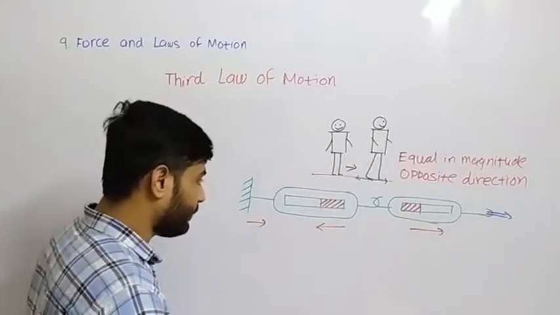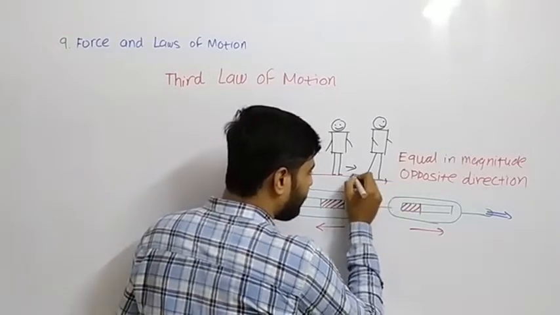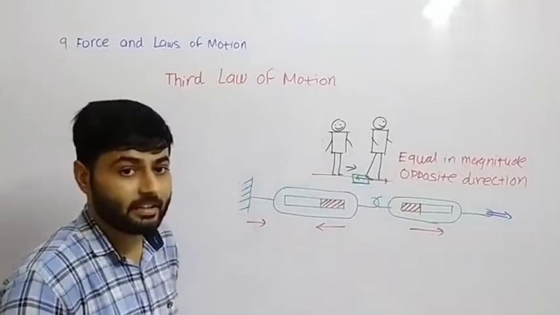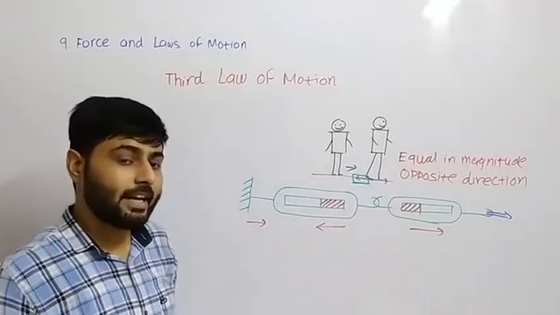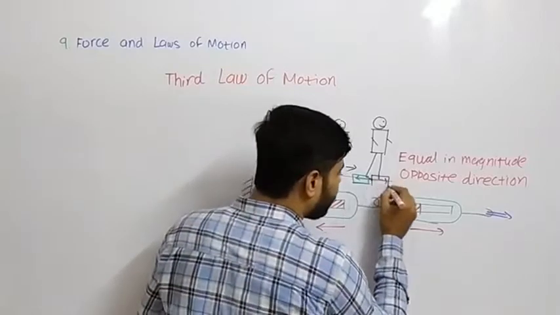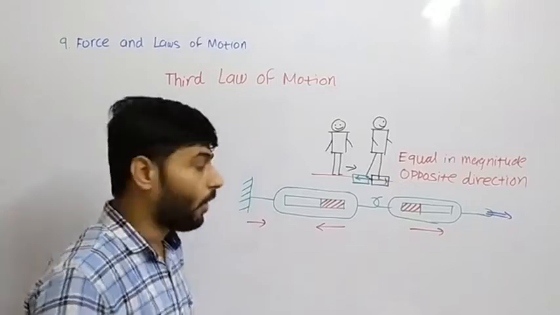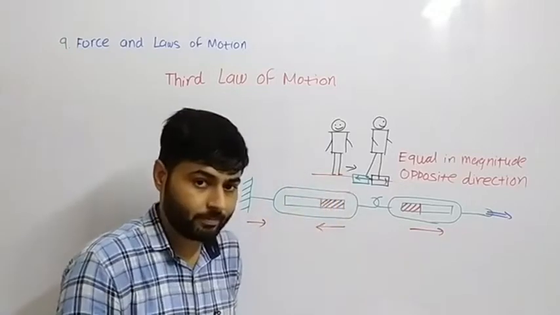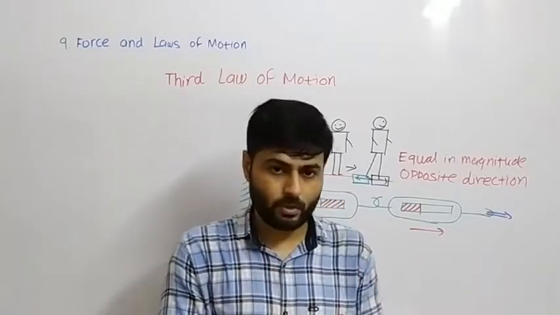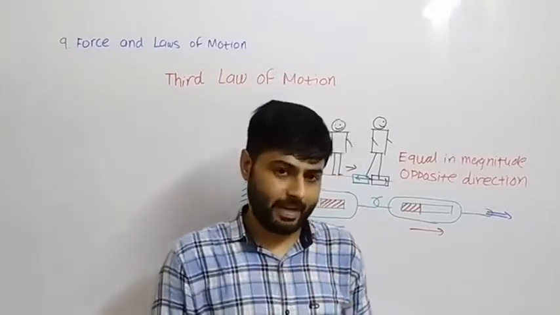So this force which I indicate in green pen is exerted on the floor, and the other force I indicate with blue pen is exerted on my leg, or say on my feet. So the forces are exerted on two different objects.